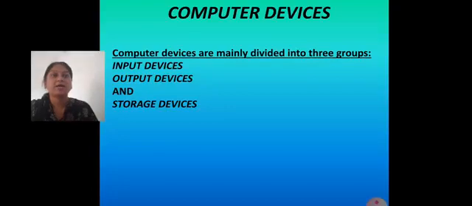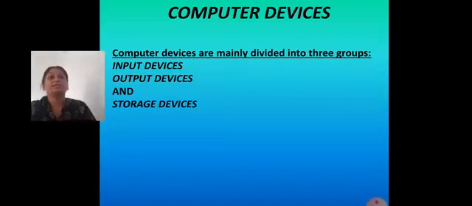Each part has its own work. So all parts come together to form a human body. Similarly, a computer has different parts. Our parts combined together, or connected together with the help of wires, form a computer system.